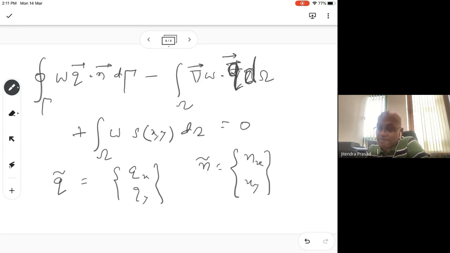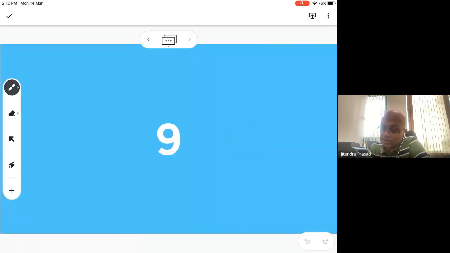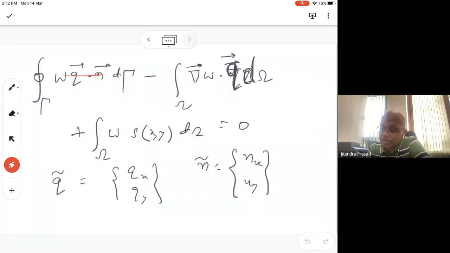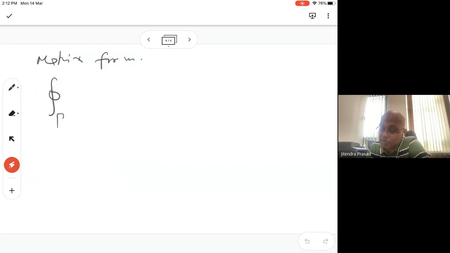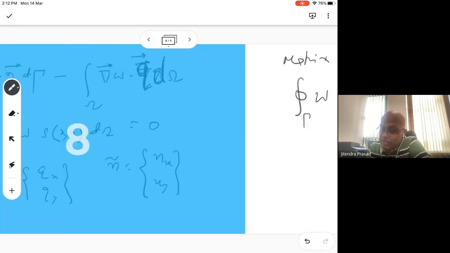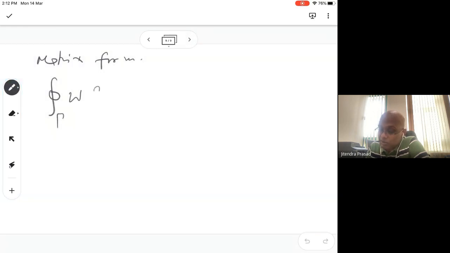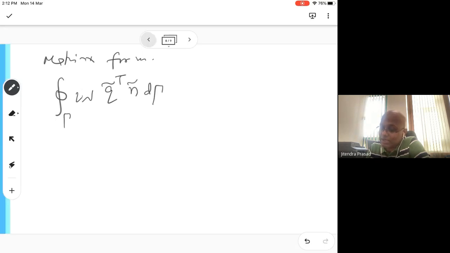So in matrix form also you can write this. Then W Q dot N simply means W, then Q transpose, so Q tilde transpose N tilde d gamma.